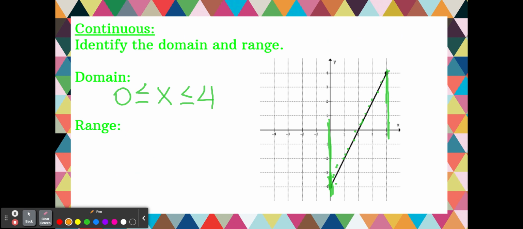And then our range is the y value, so the lowest is -4, and the highest is +4. And again, we're talking about range, so it's the y values. All of the y's are bigger than -4, they're equal to, and they're all smaller than +4 or equal to because it's a solid dot.